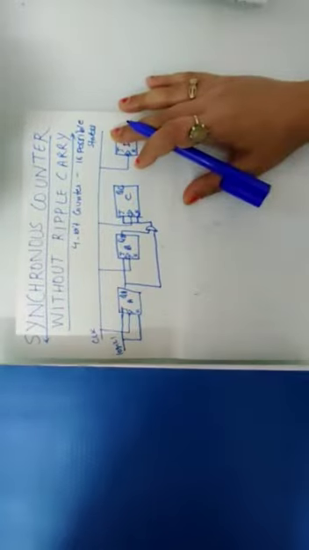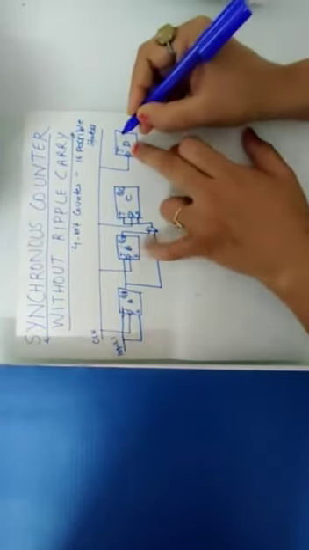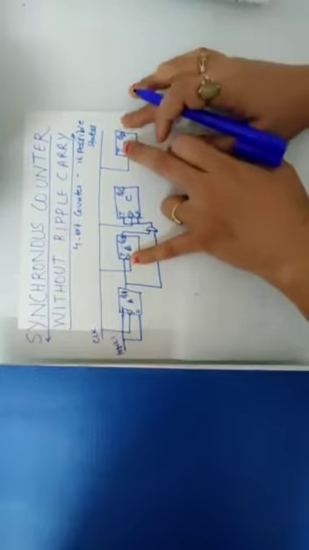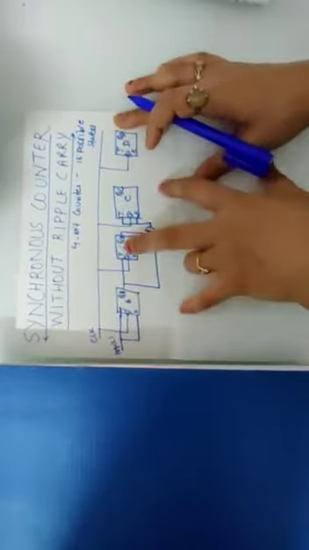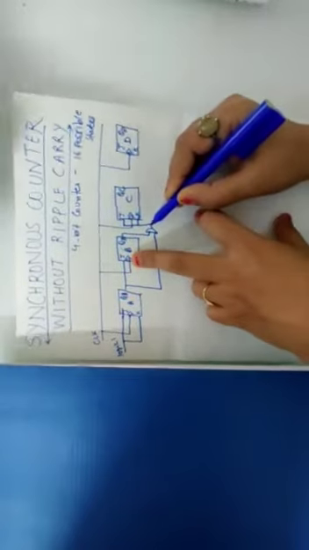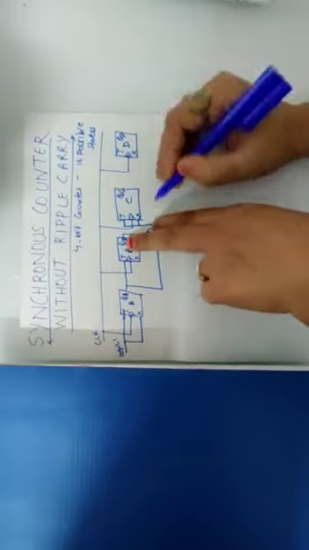Up to this point it is the same as the ripple carry synchronous counter. Now for the D flip-flop, the inputs come from QC, QB and QA. Earlier we took QA dot QB and ANDed it with QC.